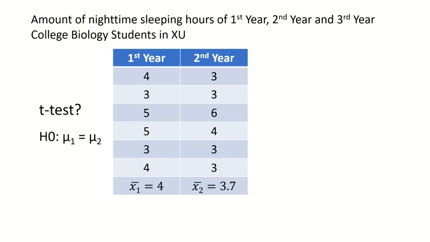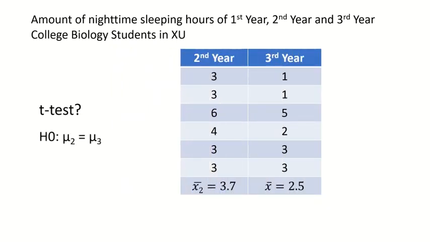First, let us do a t-test between the first year and the second year's amount of nighttime sleeping hours. We can have a null hypothesis that the population mean for the sleeping hours of the first years is equal to the population mean of the sleeping hours of the second years. So we can test that hypothesis.